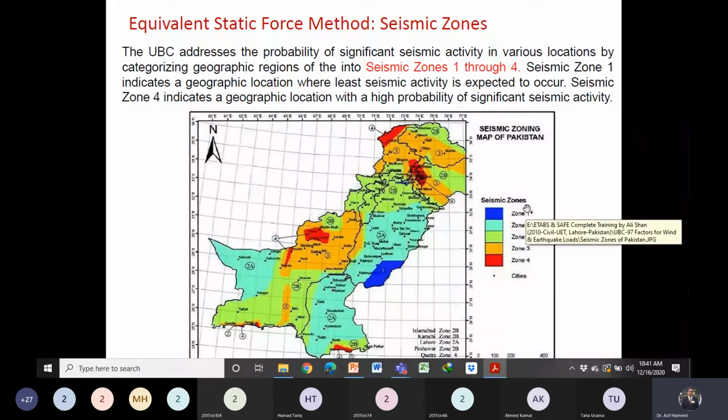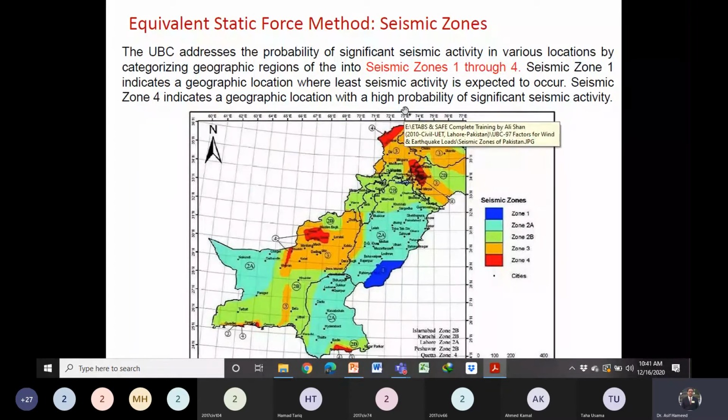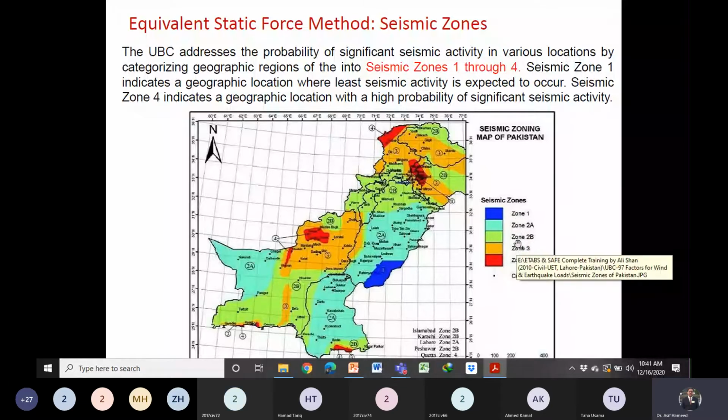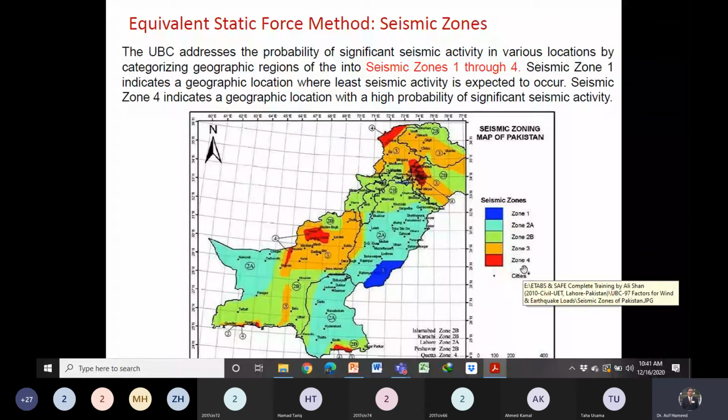Seismic zone 1 indicates the geographic location where there is the least seismic activity, and seismic zone 4 is the geographic location where there is high probability of significant seismic activity. So we have zone 1, zone 2A, zone 2B, zone 3, zone 4.